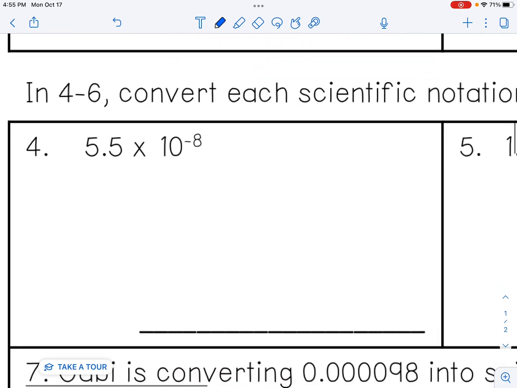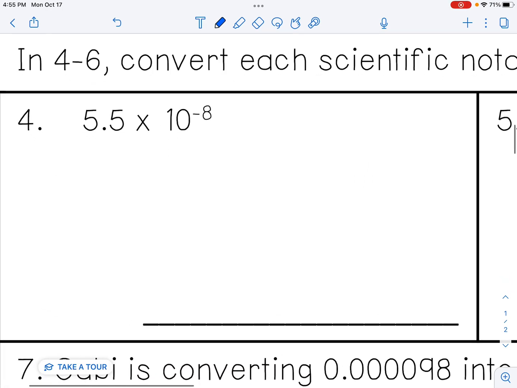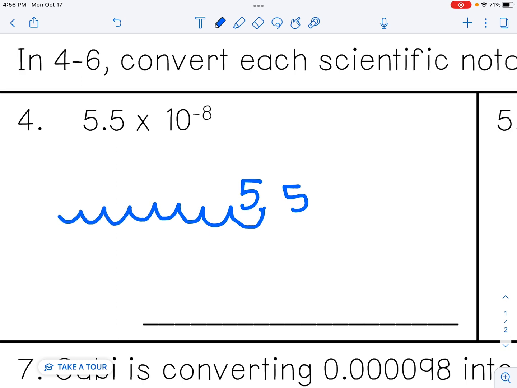Starting with number 4, we see the problem is 5.5 times 10 to the negative 8th. So what I'll do is copy down the decimal number of 5.5, and then because the exponent is negative, I'm moving to the left. 1, 2, 3, 4, 5, 6, 7, 8, and then I'll be filling in those swoops with zeros that are empty.